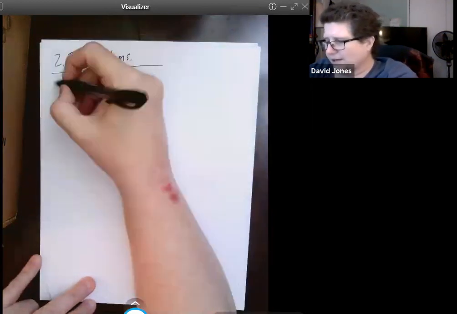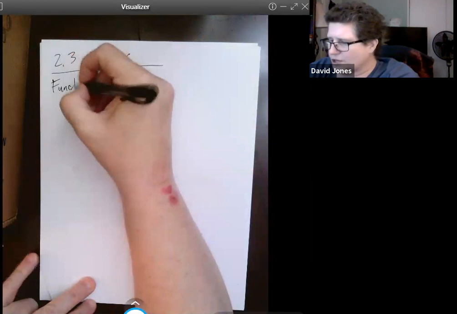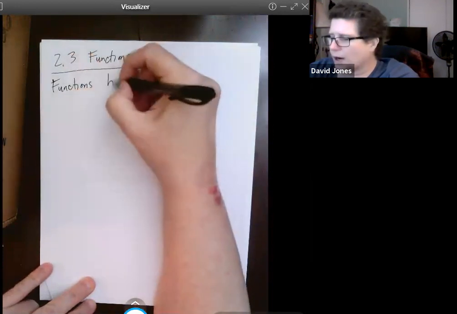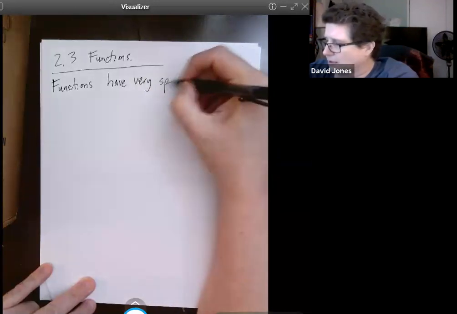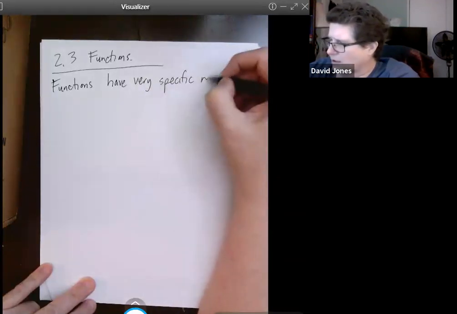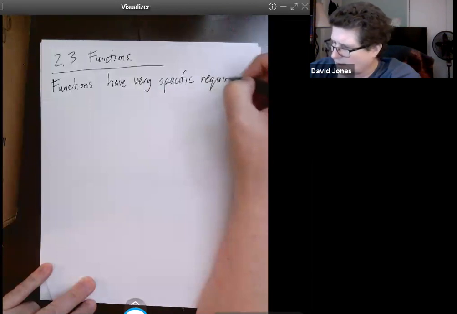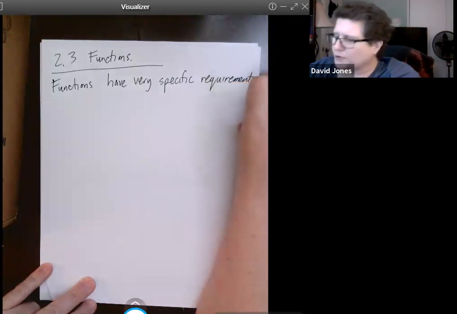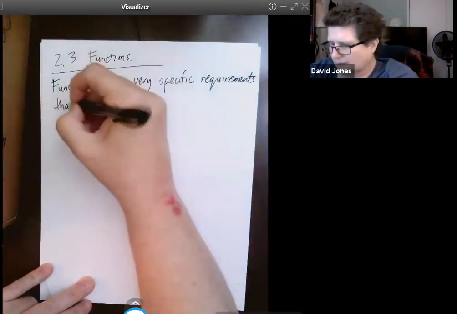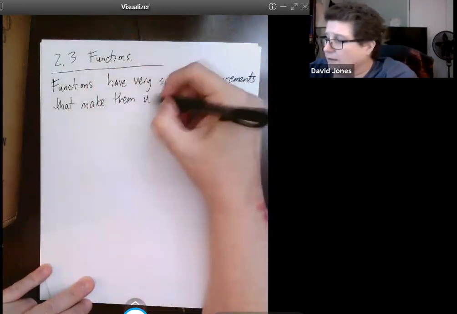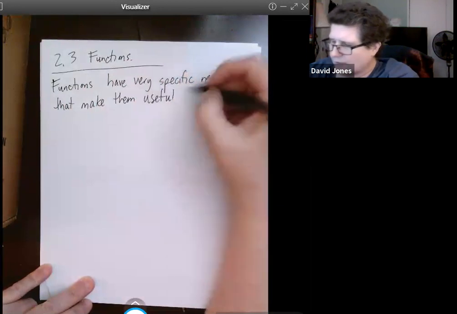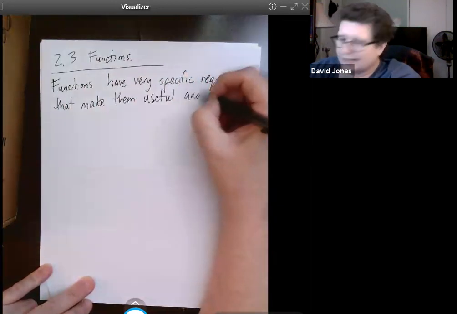Functions have very specific requirements that make them useful. And they're not necessarily equations.